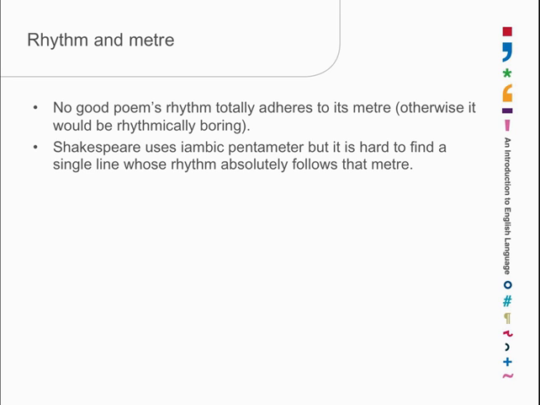Shakespeare, for example, in most of his plays uses iambic pentameter. Occasionally the yokels break into ordinary speech, but all his important people speak in iambic pentameter.